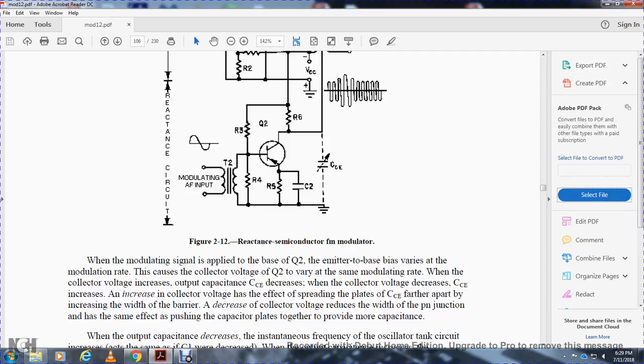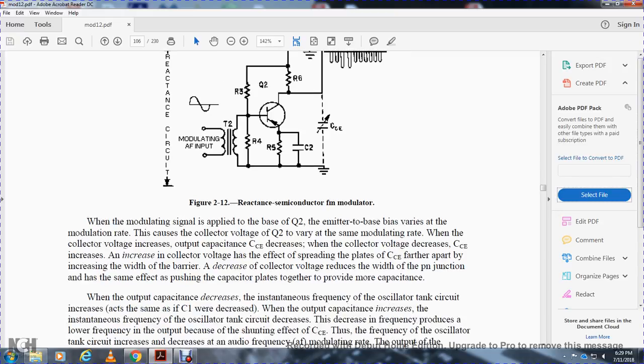When the collector voltage decreases, the output capacity of the collector and emitter changes. A decrease of the collector voltage increases the width of the barrier, which moves the capacitor plates farther apart and decreases the capacity. An increase of the collector voltage reduces the width of the PN junction and has the same effect as pushing capacitor plates together to provide more capacity.